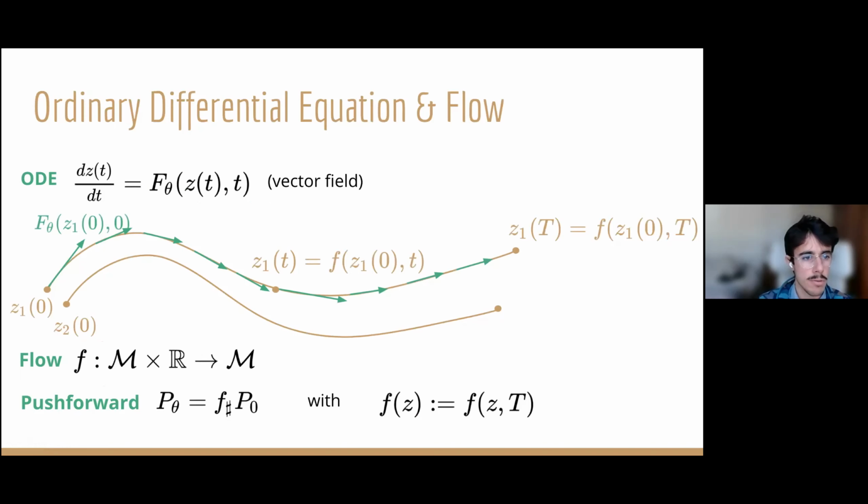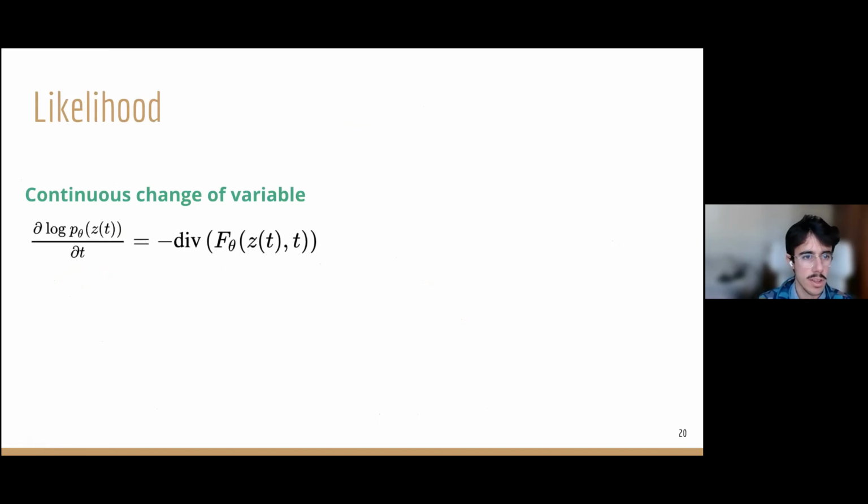Okay, and so since we care about density estimation, we care about being able to evaluate the likelihood of our parametric probability density. And so similarly to the neural ODE and FFJORD papers, we leverage the time continuity of the flow to express the change of log density as minus the divergence of the vector field.